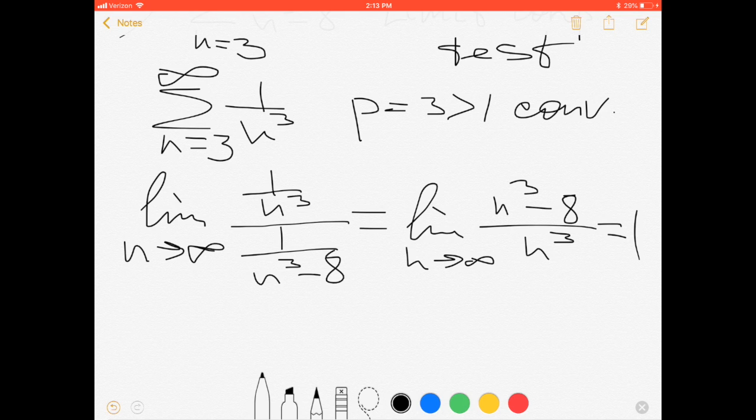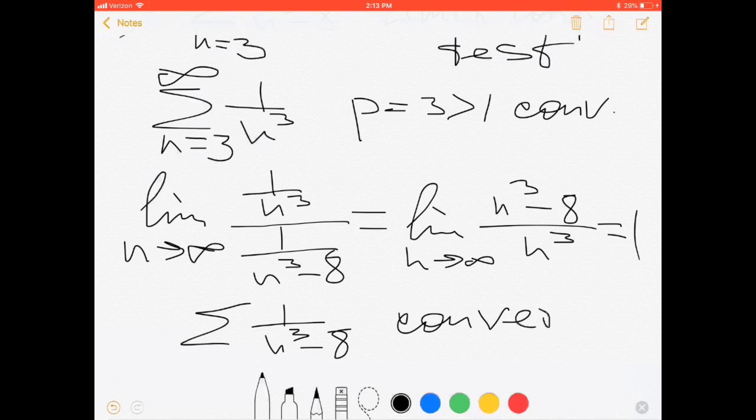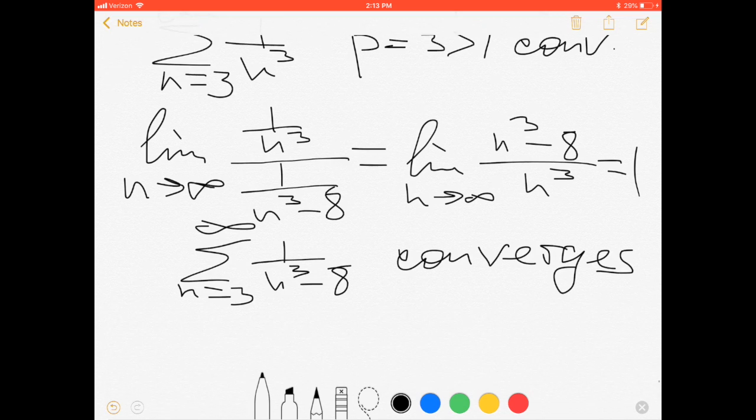This means both series converge. This means your series 1 over n cubed minus 8 converges, where n starts with 3 to infinity.